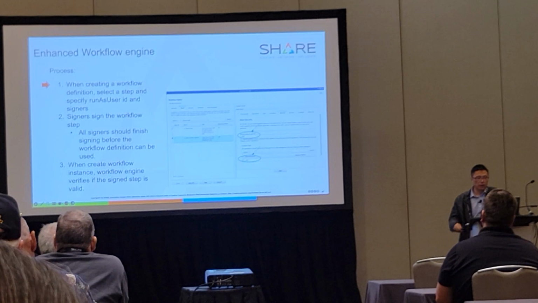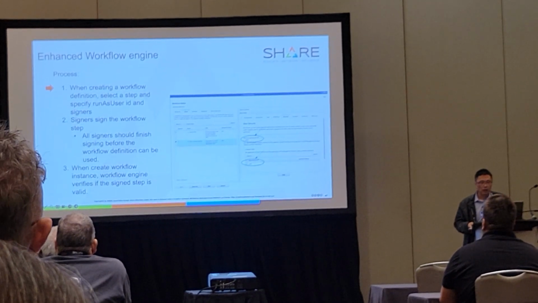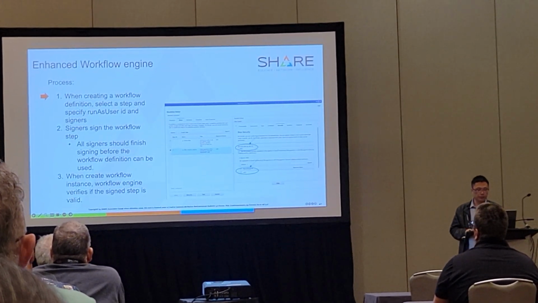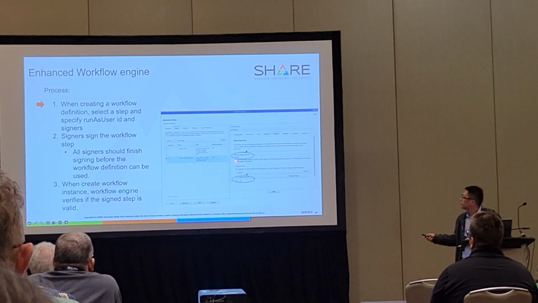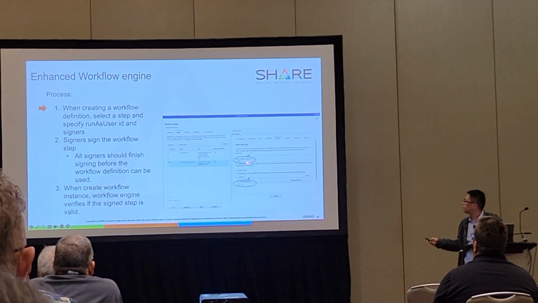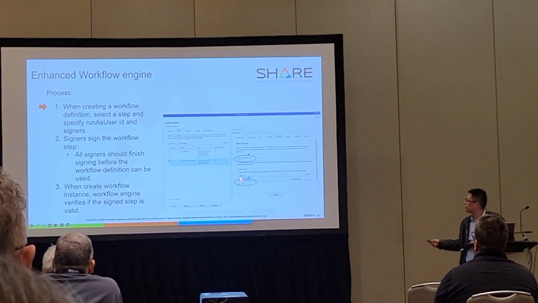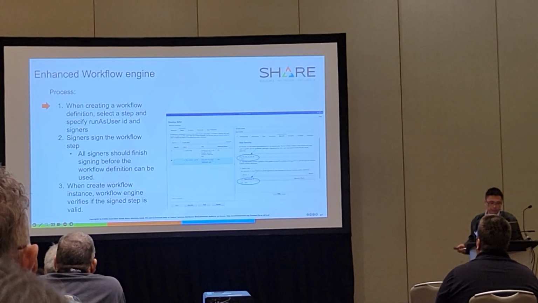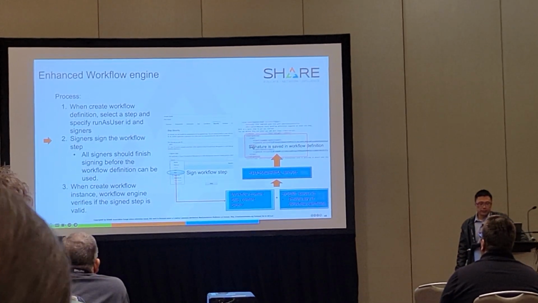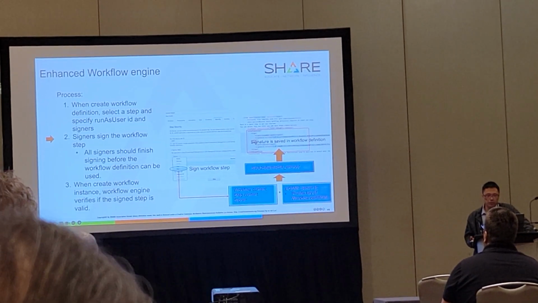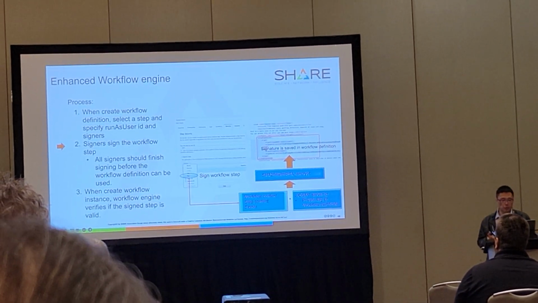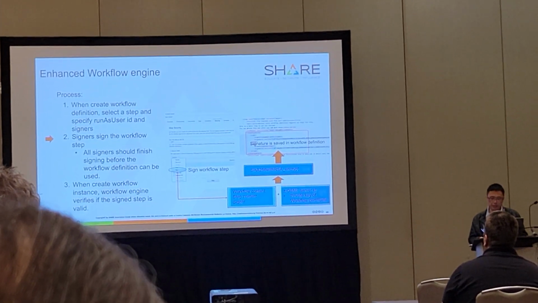So let's check out how the process looks. The first one is when you create a workflow definition. This is the place in the workflow editor where you specify the run as user ID and the signer user ID or group. Secondly, once you specify the signer user ID, all the signers need to sign the workflow step in the workflow editor.